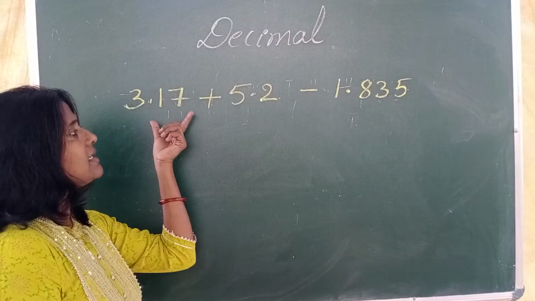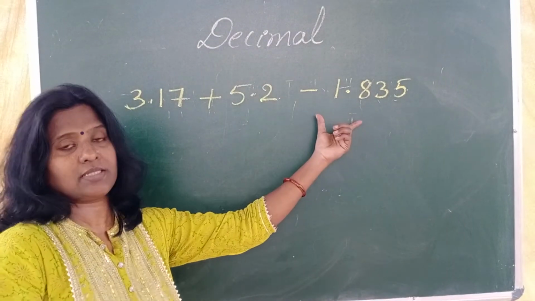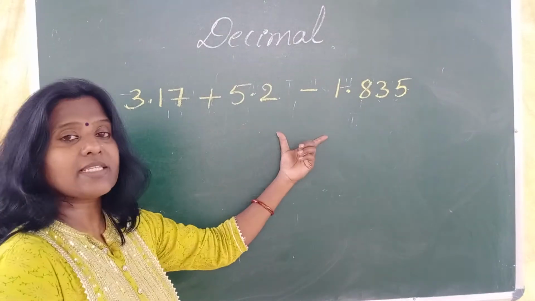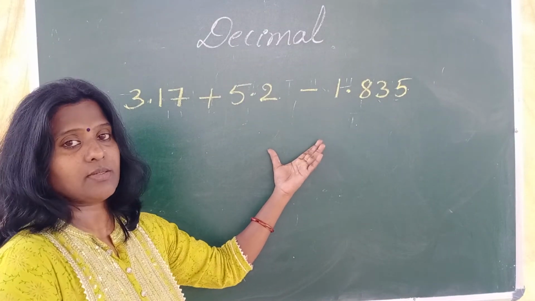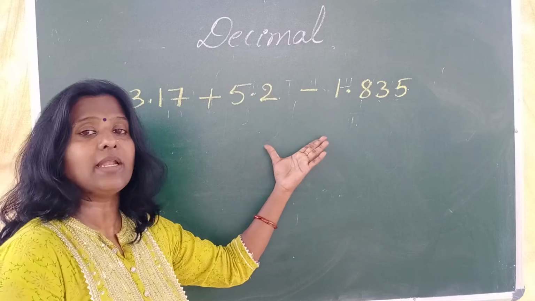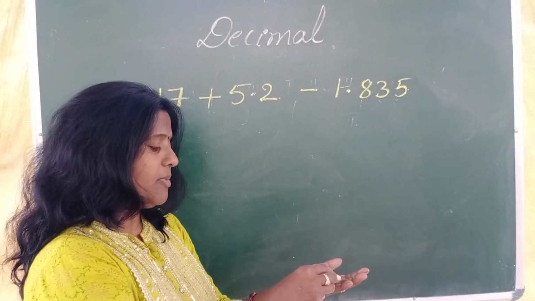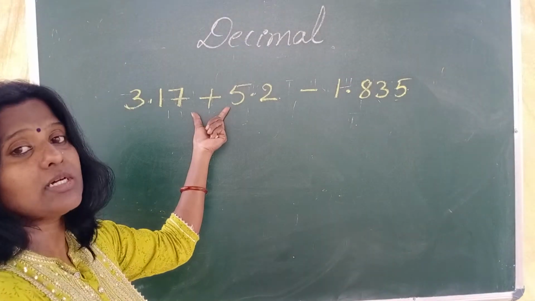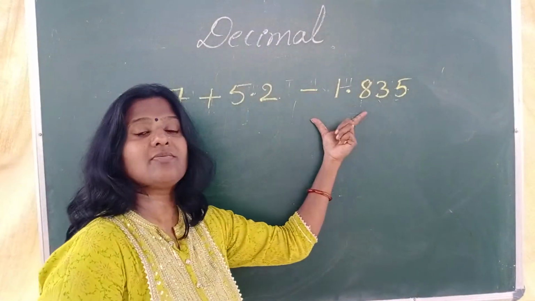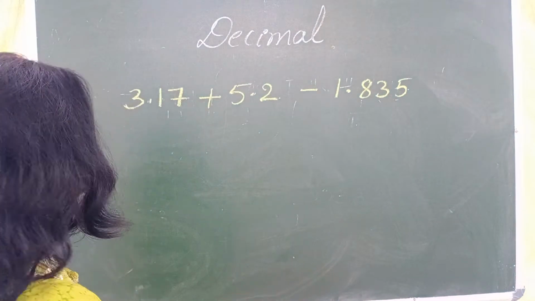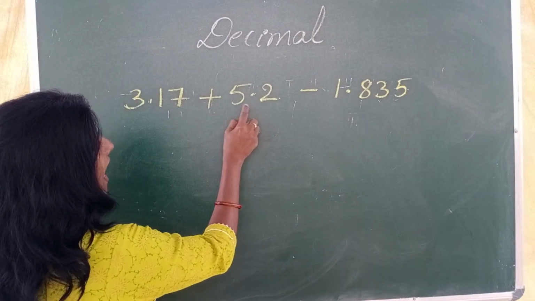First let's see the decimal places. Are they like decimals? No, they are not like decimals. But you have to make them like decimals before adding. So how to do that? I have given both operations here, plus as well as minus. First we will add these two.